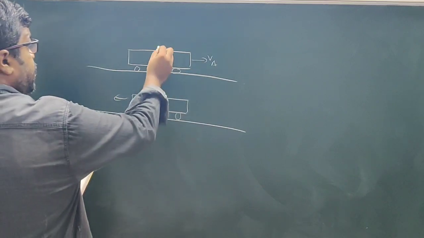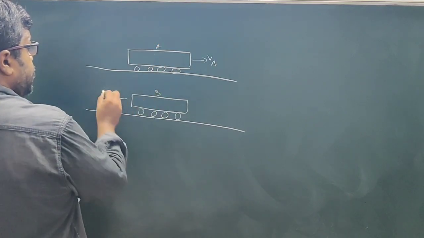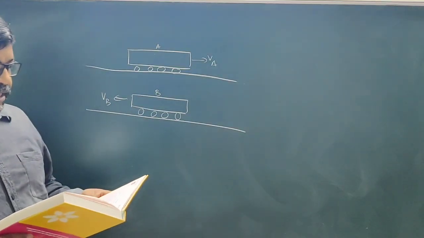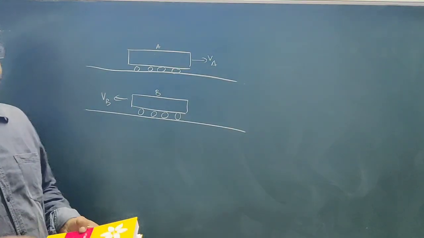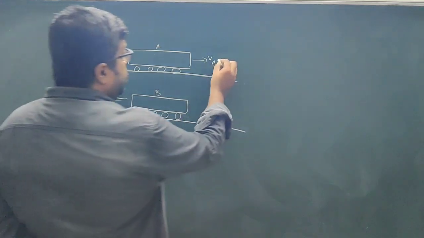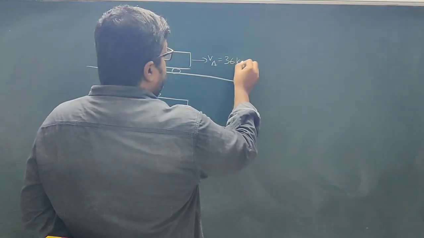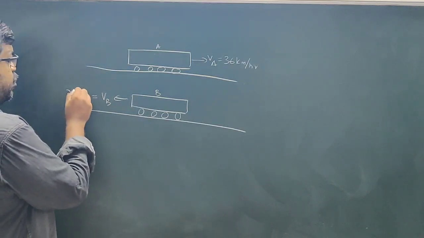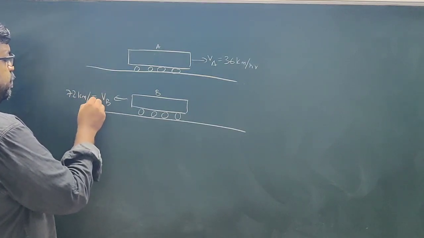This is train A with speed VA, and this is train B with speed VB. It is given that the speed of train A is 36 km per hour, and this one is 72 km per hour.